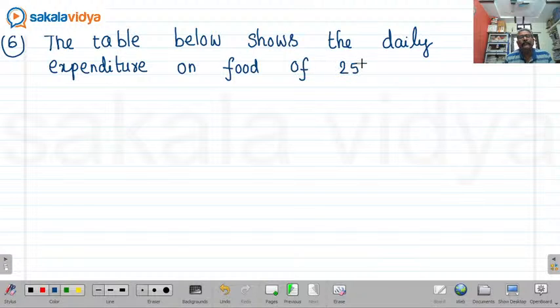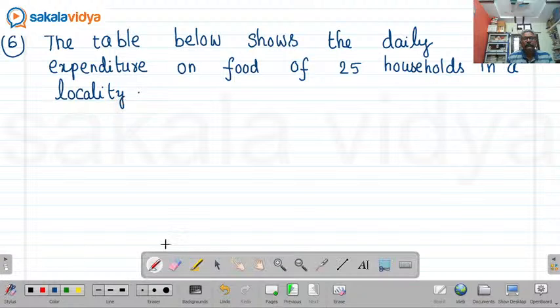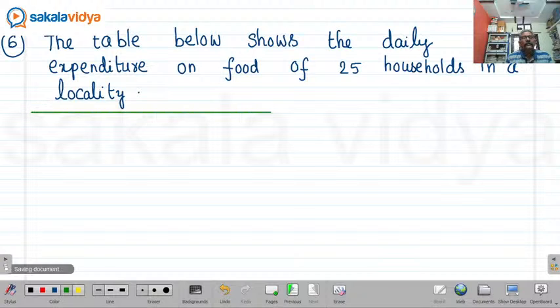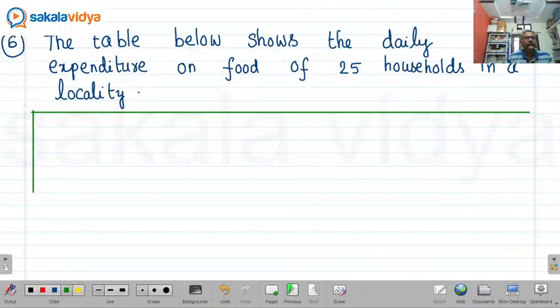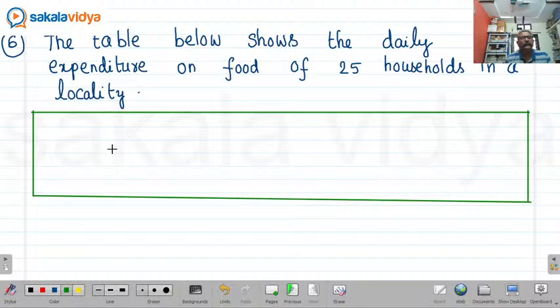That means 25 is the total frequency. A frequency table has been given. For the given table, you are asked to find out the mean.